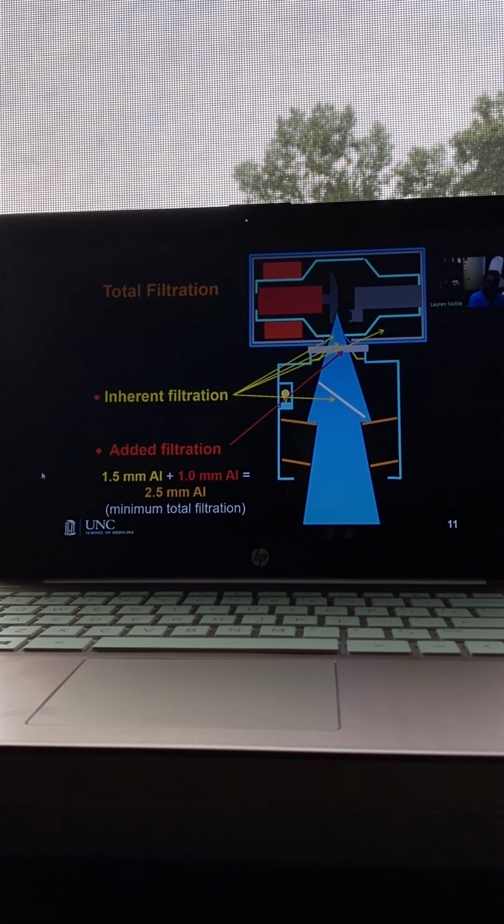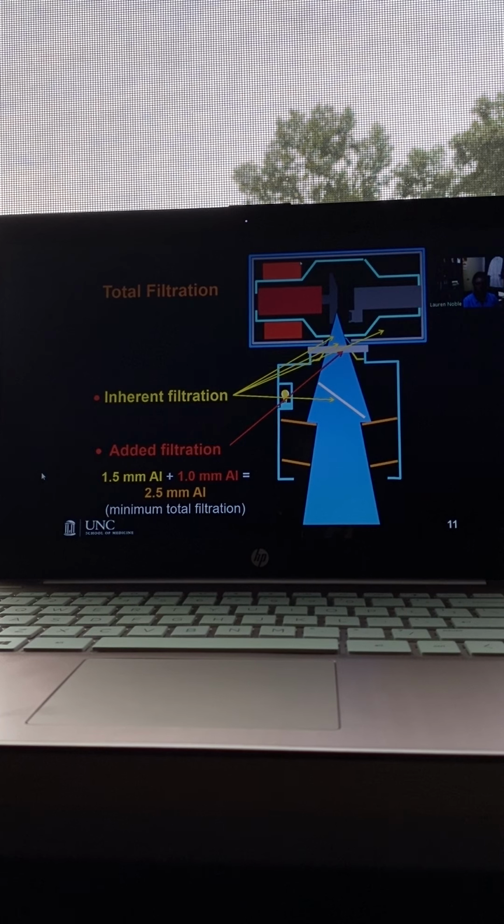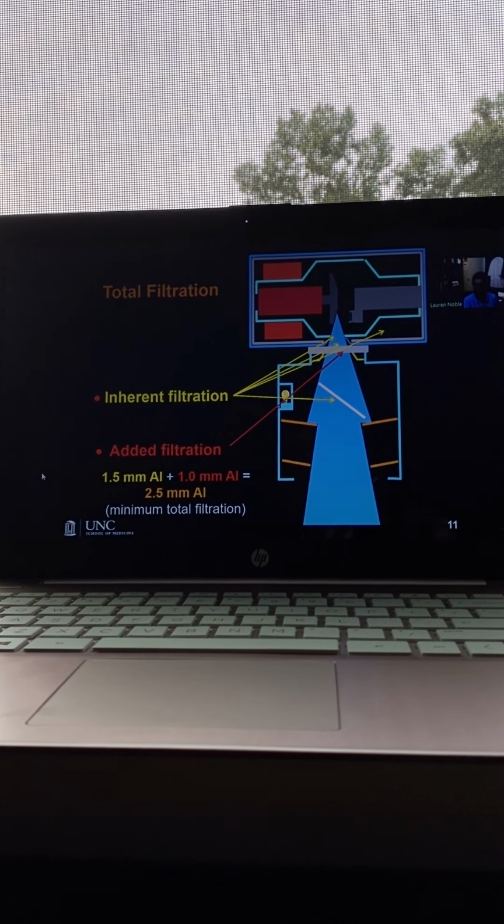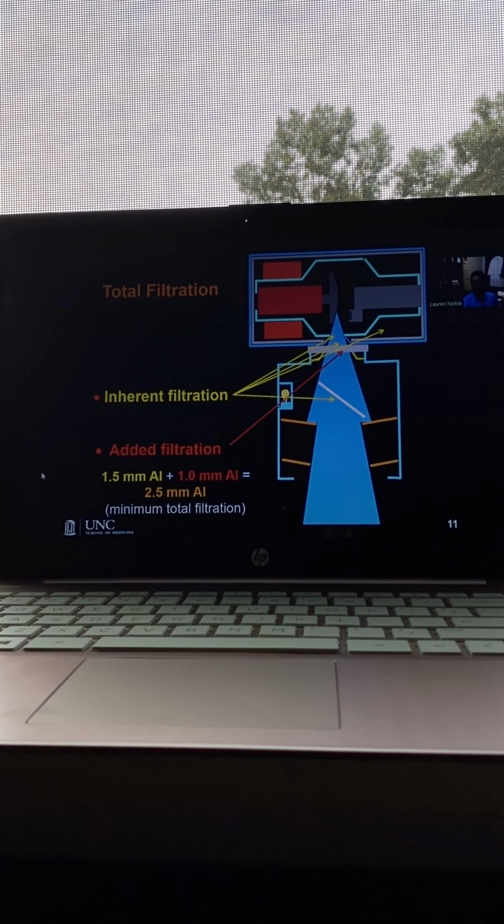So for inherent filtration, the tube window, the tube port, the oil, and the collimator mirror need to absorb the same number of low energy photons that 1.5 millimeters of aluminum would filter out.